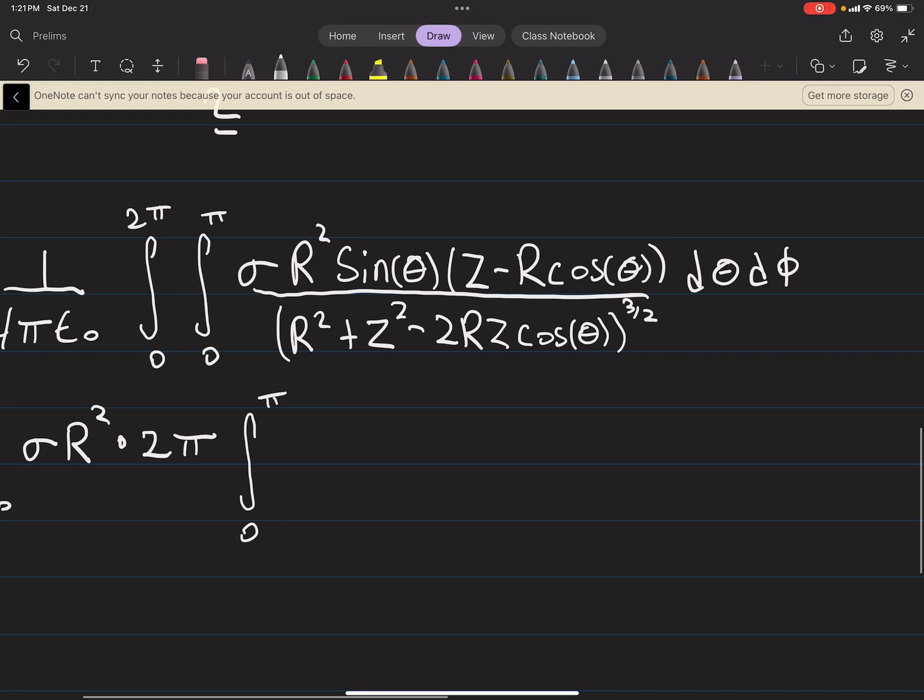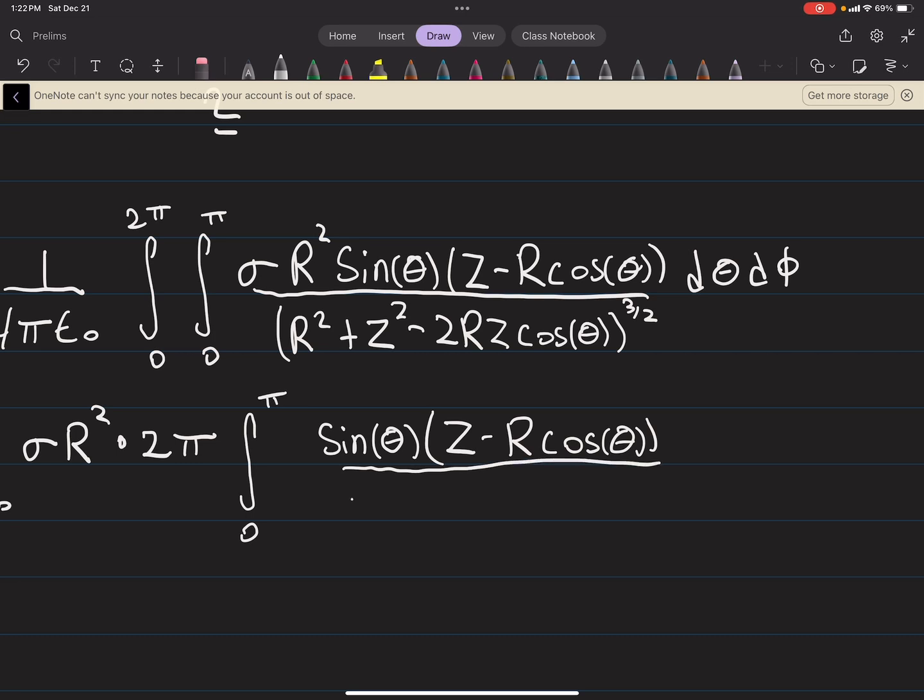It's already a little better. Sine theta times z minus r cosine theta, all divided by r squared plus z squared minus 2rz cosine theta to the 3/2, d theta.